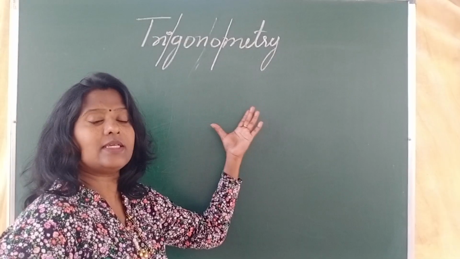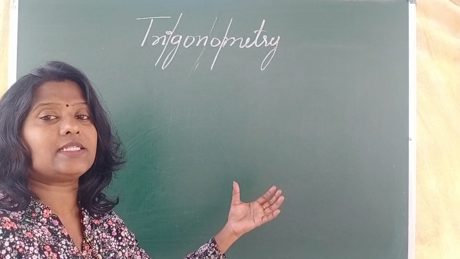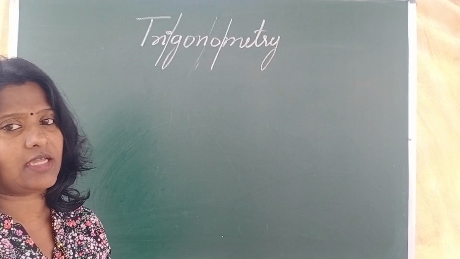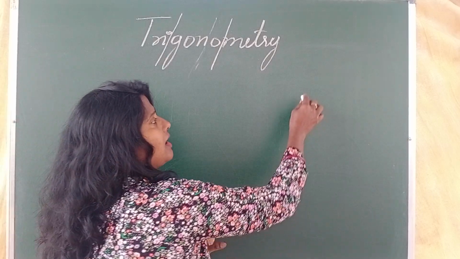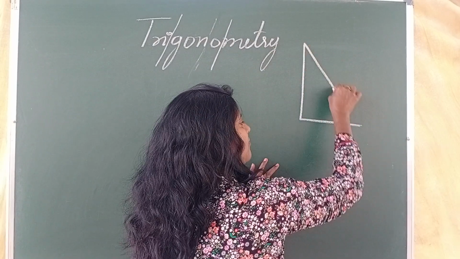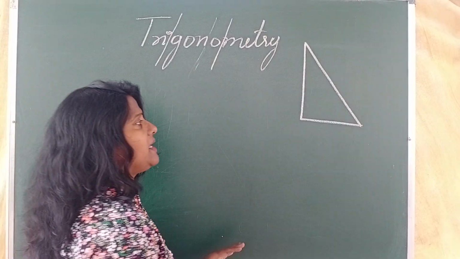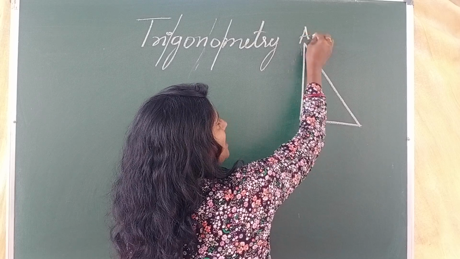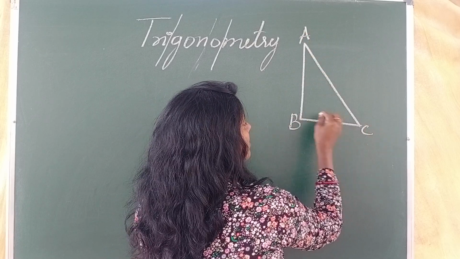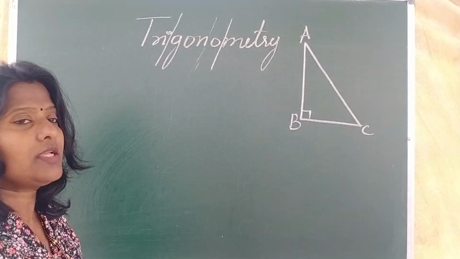So in trigonometry, we are considering a right angle triangle. Only for a right angle triangle can we apply trigonometry. So we will consider triangle ABC with angle B as 90 degrees.